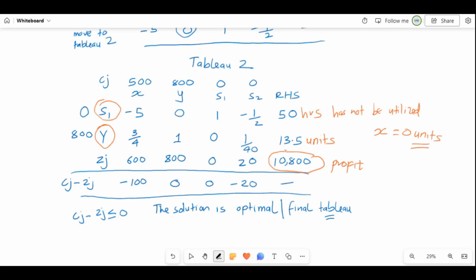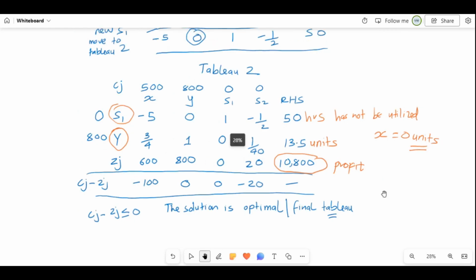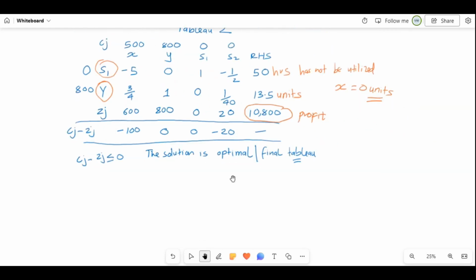And we can confirm this position. If you want to know whether this is actually true, let's do the manual computation, because our final conclusion is that the maximum profit that the company can make is shillings 10,800, and they'll maximize this profit by producing 0 units of x.